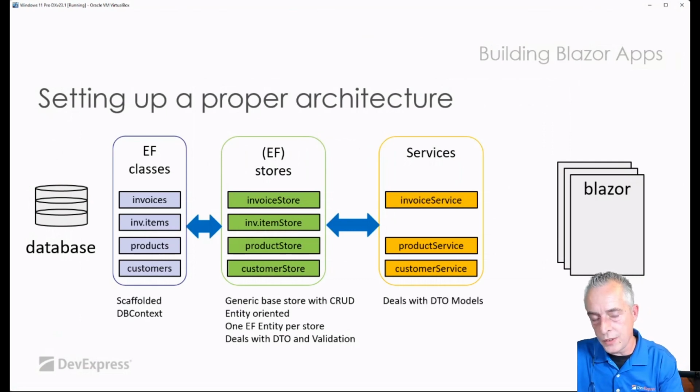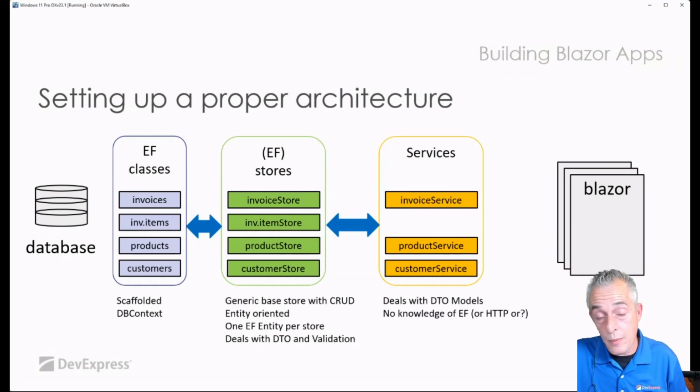So it deals with the DTO models, not with entity framework anymore. It also doesn't know whether we are using entity framework or maybe we are using a web API. For the service, it doesn't matter. If we would use a web API over HTTP, we have to define different kinds of stores which are running over HTTP. But the principle for the services remains the same.